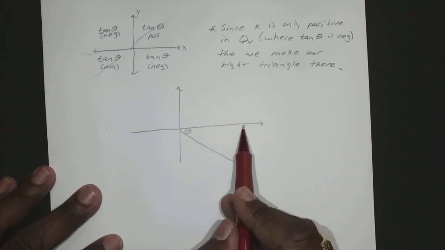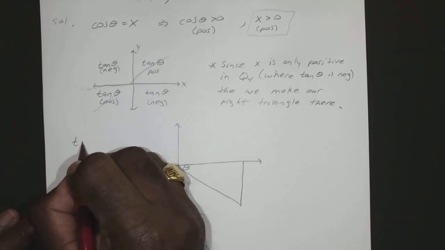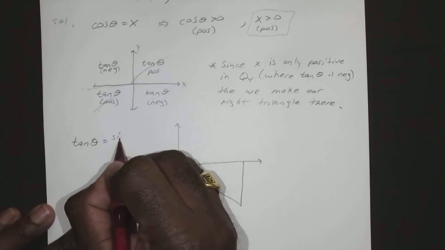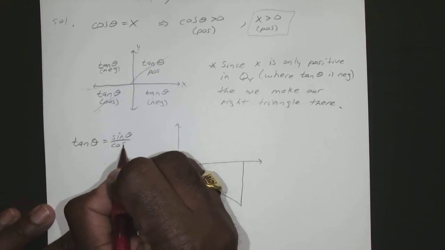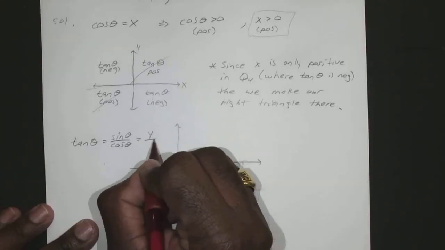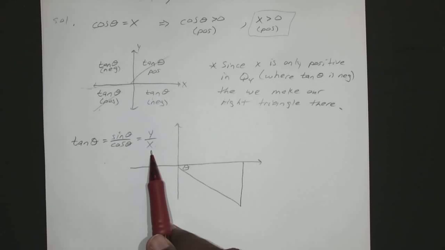So we know here, since x is positive and tangent of theta equals sine of theta over cosine of theta, remember that's y over x. So we figured out that our x is positive, so that means our y is negative.